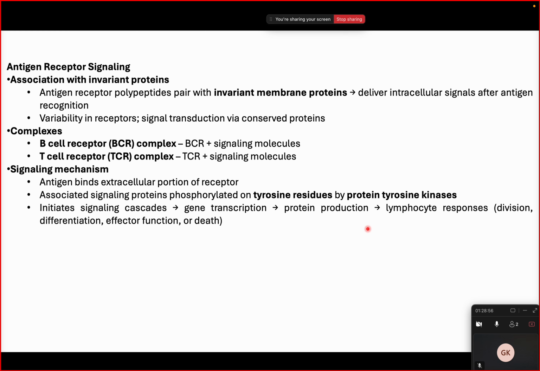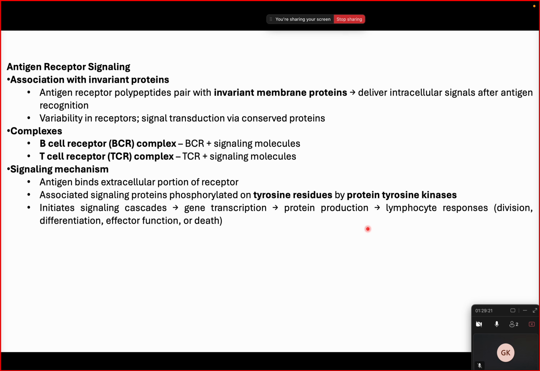Okay. It initiates a signaling cascade, which then leads to gene transcription, then the protein is produced and the lymphocyte response, or basically the response which the cell has to do, whether it has to secrete cytokines, whether it has to engulf the microbe. All this will depend upon the cell's internal signals.